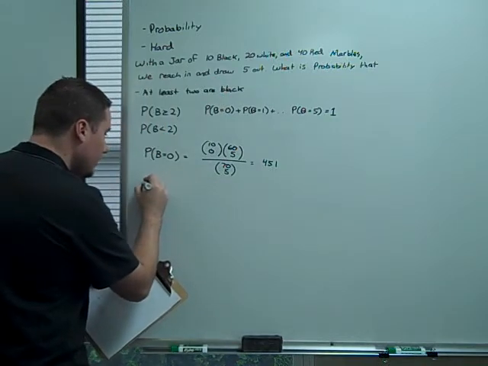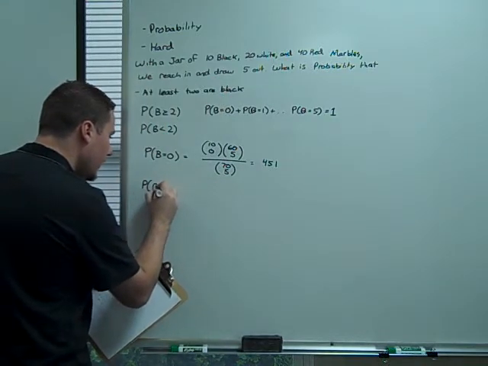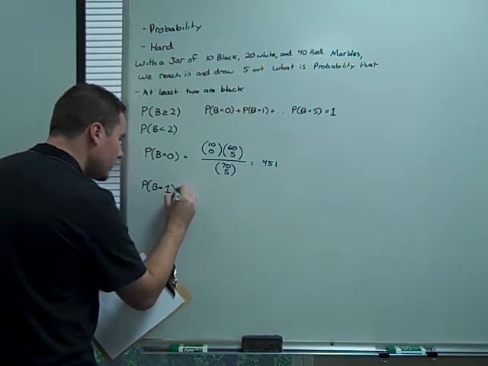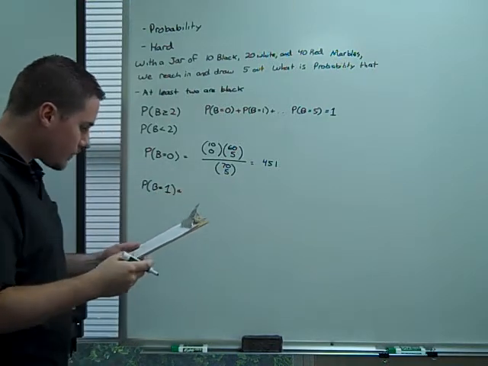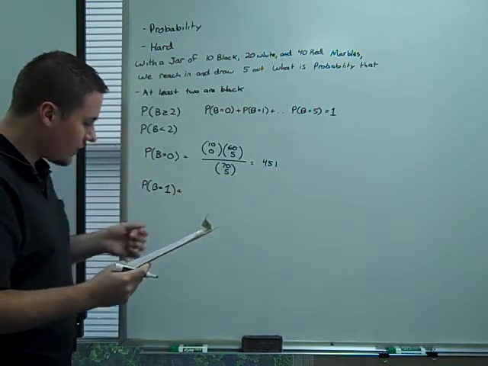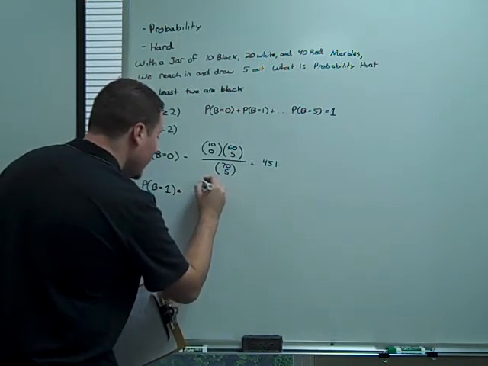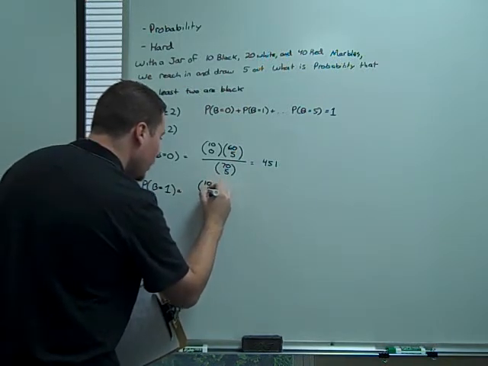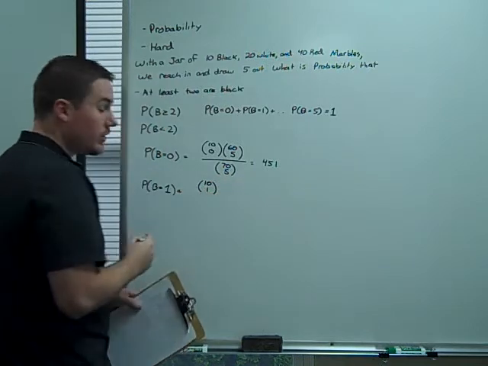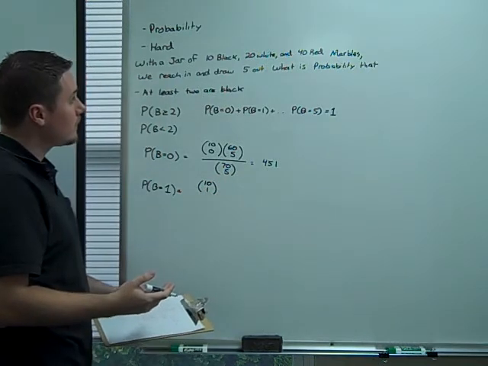Now we have to do the probability that we get 1 black. Now this probability is how many ways can we choose 1 black from a group of 10? 10 choose 1. Okay?